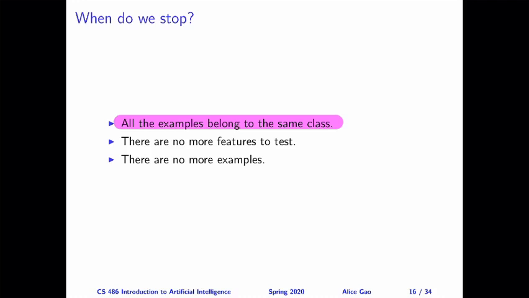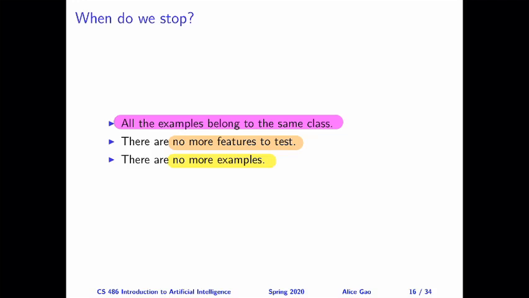One is that there could be a case where we run out of features to test. And a final one is that there could be cases where we go down one branch, so we decided to take a value for a particular feature, and then we discover that there are no more examples left. So in the next video, I'm going to talk about these 2 weird cases.